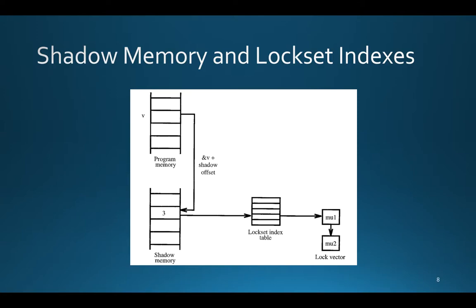For each variable, it adds a displacement to its address and then finds the shadow word, namely the index basically. Using this index, in this case it's 3, we look up the lockset in this table, and here's how it looks exactly as shown on this diagram.